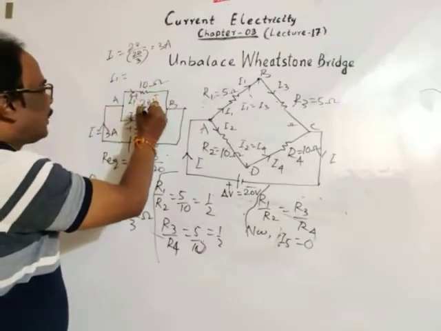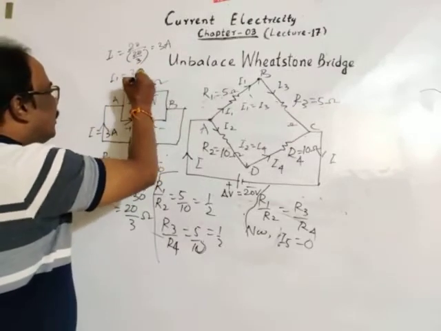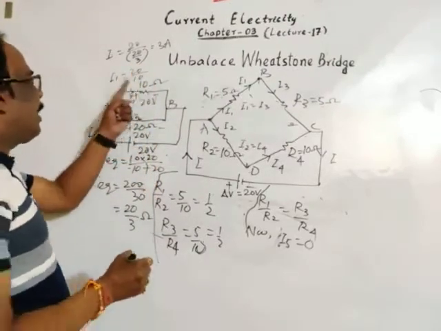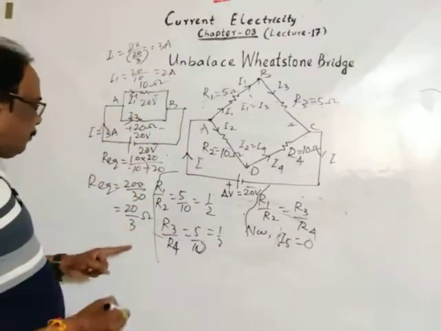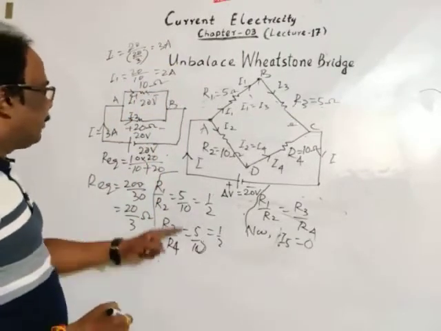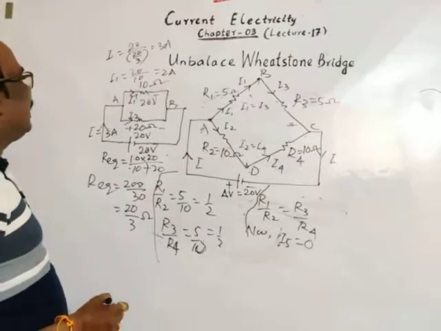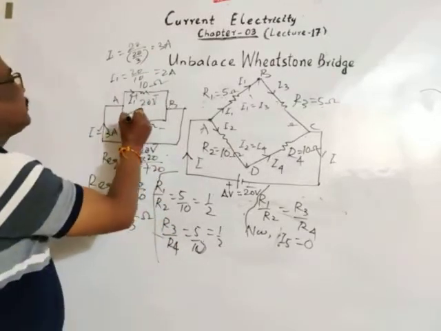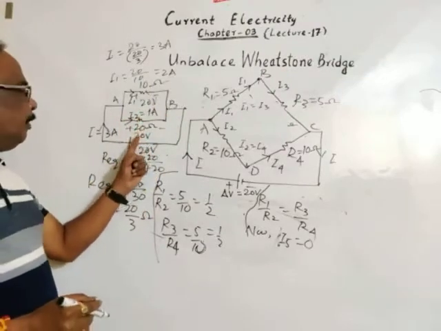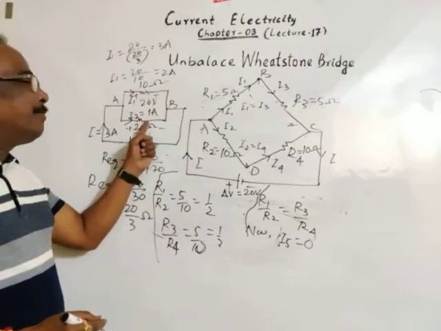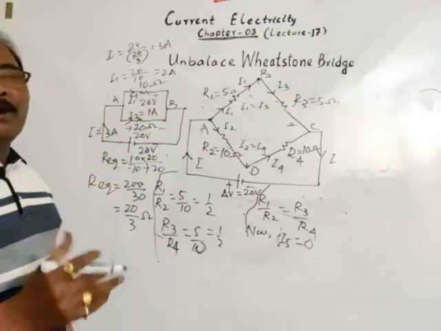I1 is equal to potential difference is 20, resistance is 10, V by R, I1 is equal to 2 ampere. And accordingly, if total current is 3 ampere, then obviously I2 will be 1 ampere. Or you may use same rule, 20 divided by 20, V by R, 20 by 20 is 1 ampere.